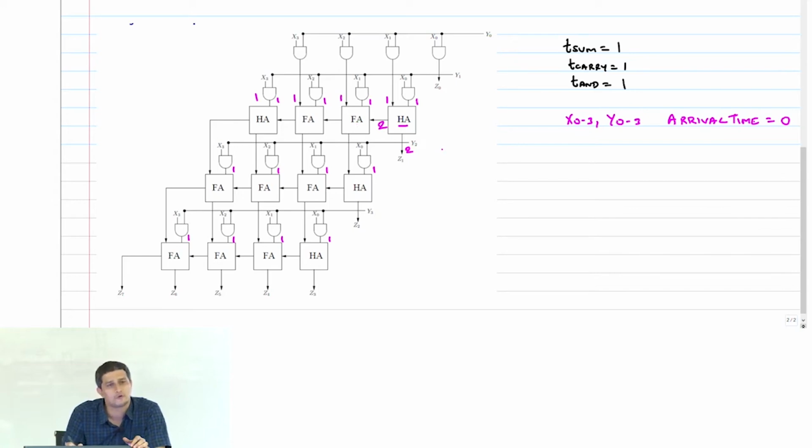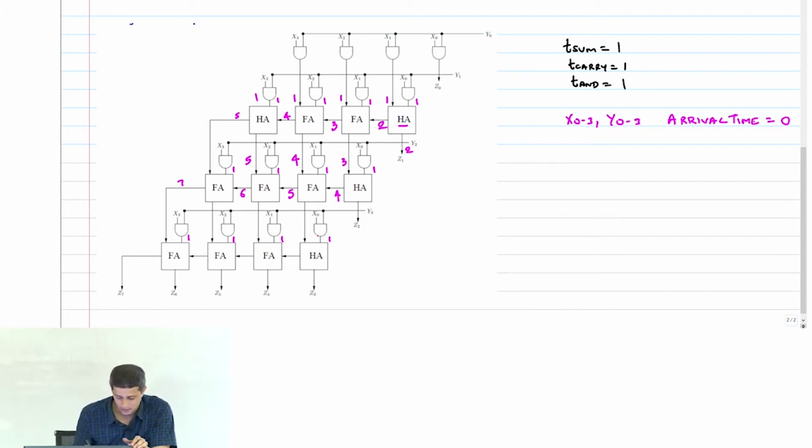Full adder, next full adder. 3 and 3. 4, 4. 5, 5. Right? Next stage. What is this? 4, 5, 6, 7. Last stage.